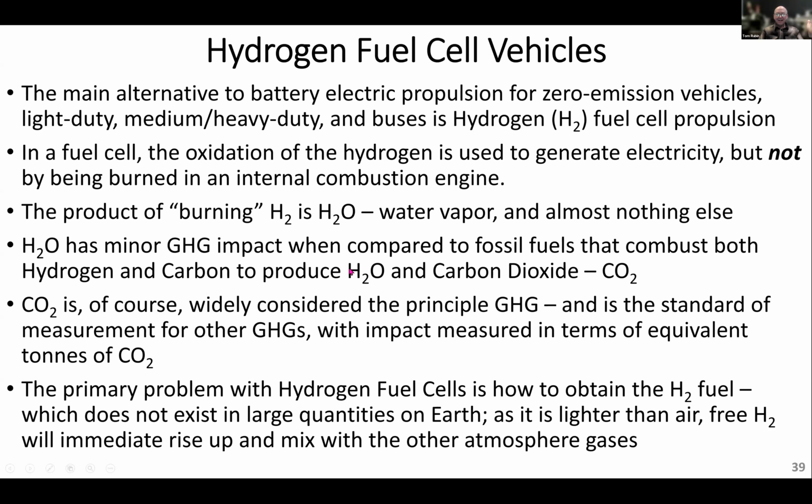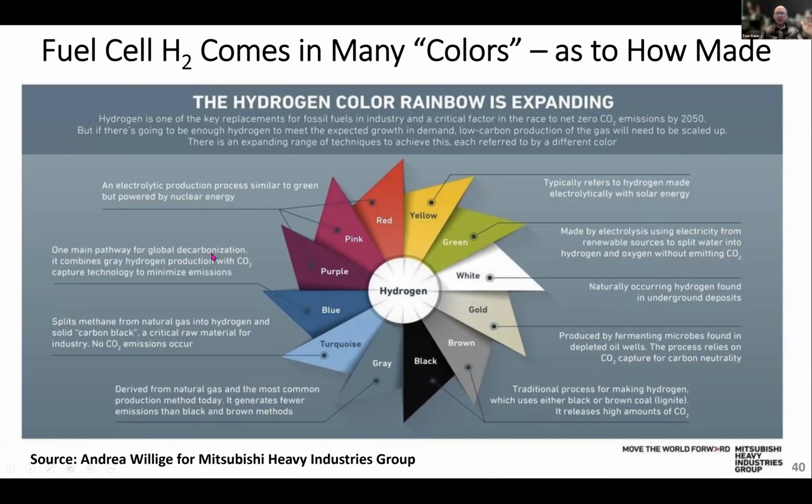But here's what happens. You're creating your H2. So you're starting with methane, which is CH4, and you're mixing it most commonly in this hydrogen color rainbow.